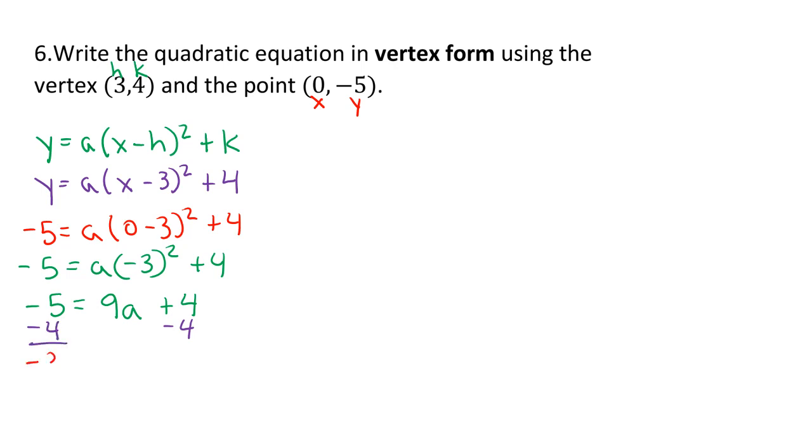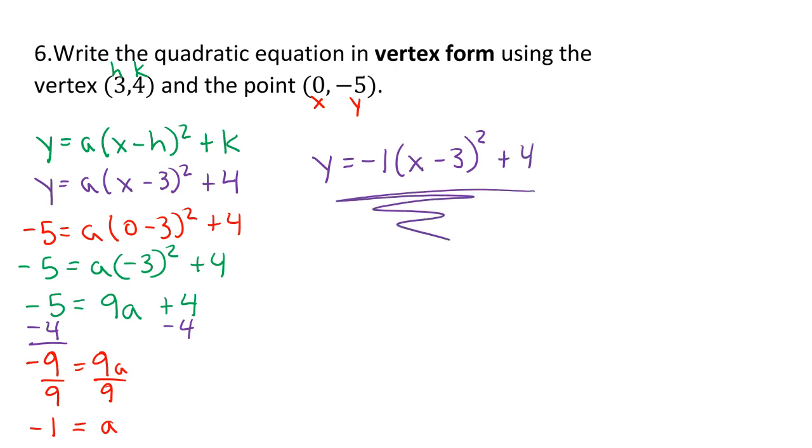That's going to get me -9 equals 9a. I'm going to divide both sides by 9 to get a by itself, and I get -1. Now to write my equation, I'm going to write y equals -1, x minus 3 squared plus 4. And now I have it in vertex form.